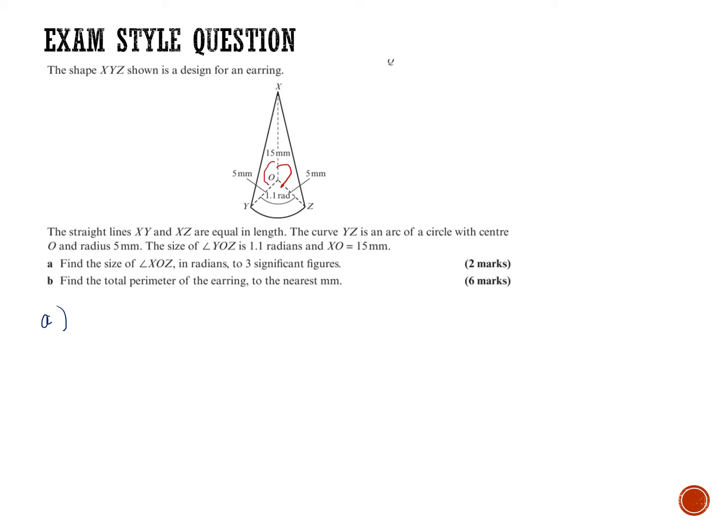We can work those out by remembering a full turn is 2 pi radians. So to get angle XOZ, it's going to be 2 pi, take away the part that's already made by the circle, which is your 1.1.